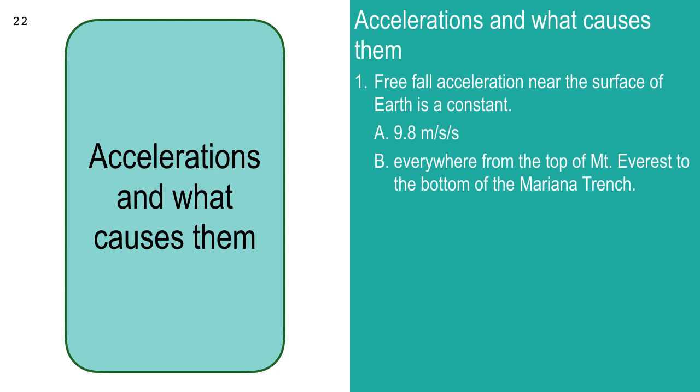But the variation is a few dozen kilometers, and the radius of the earth is about 6,400 kilometers. So from the top of Mount Everest down to the bottom of the deep blue sea is chicken feed compared to the radius of the Earth. So there's not a whole lot of variation. So we rounded off at 9.8.